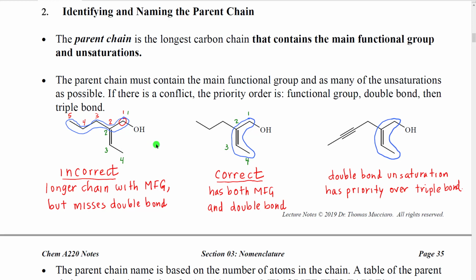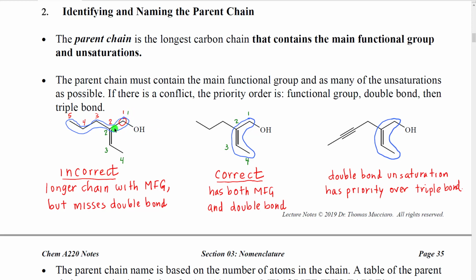So just looking at it, it might appear that the red numbered chain, 1 through 5, should be the main parent chain. But that chain does not contain this double bond unsaturation. It does contain the carbon of the main functional group, which would be the alcohol.